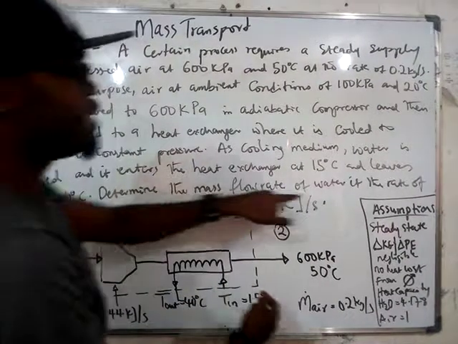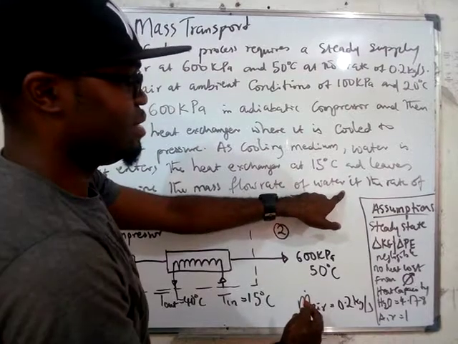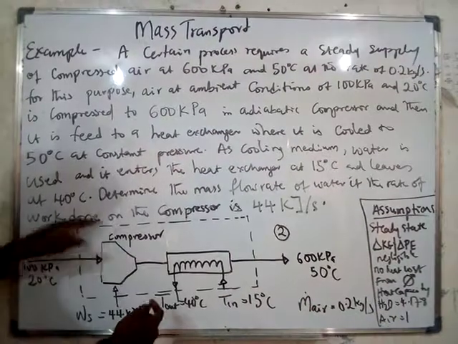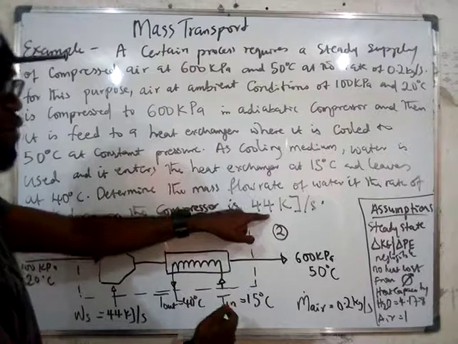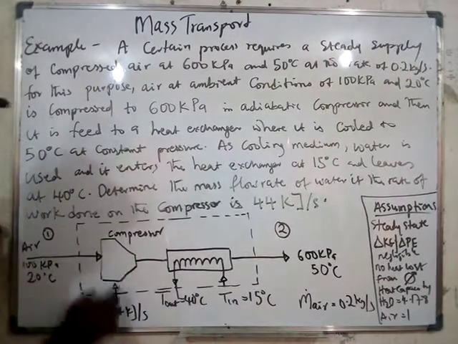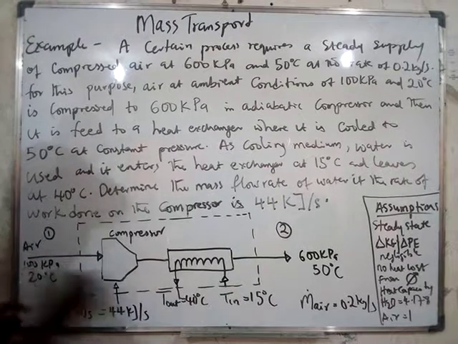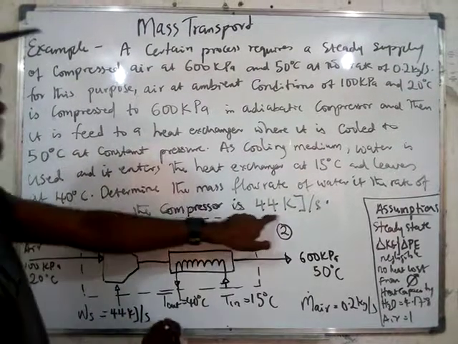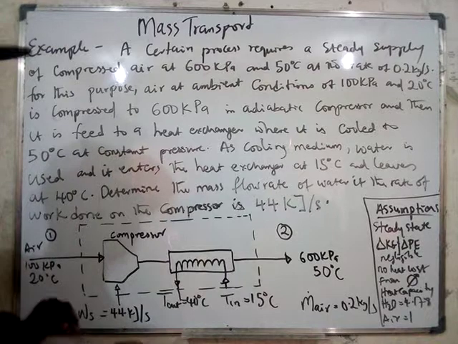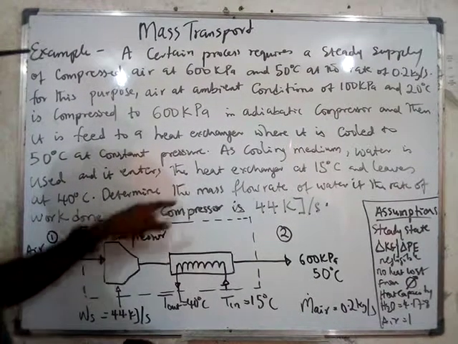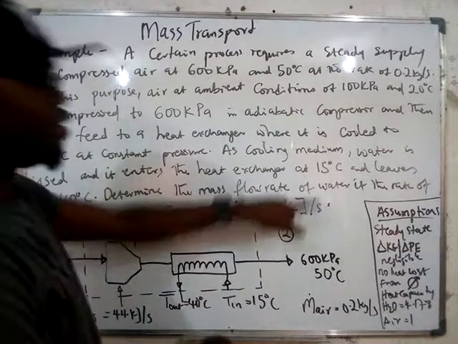Determine the mass flow rate of water if the rate of work done on the compressor is 44 kilojoule per second. The rate of work done on this compressor to help it compress from 100 to 600 is 44 kilojoule per second. So it's asking us to determine the mass flow rate of water.